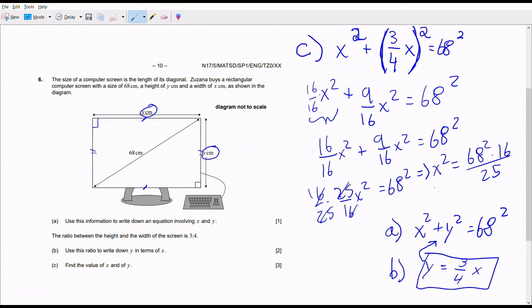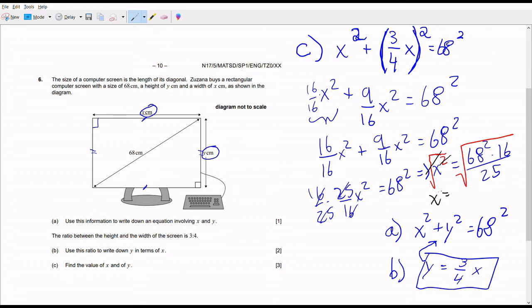Then I want to do the square root on both sides as well. Because if I do the square root while it's squared as well, these two are going to cancel out. So whatever the square root of this is the answer.